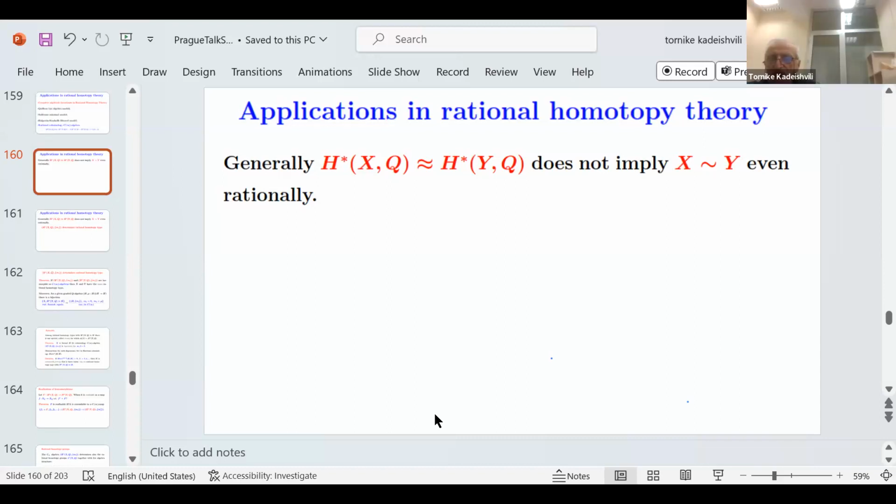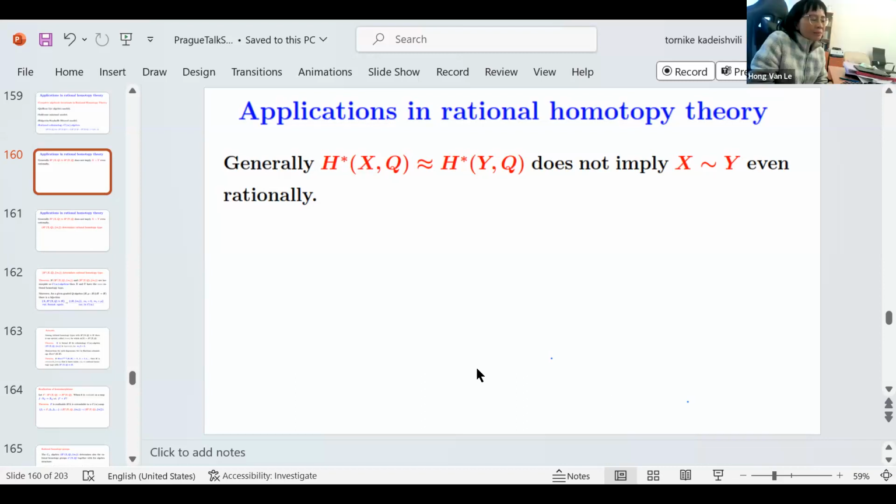Formality means only the M2 operation exists, and all the higher ones are zero. So the notion of the curve means that d squared is not necessarily equal to 0, you mean, Roman? Yes, exactly. So d squared is not necessarily 0.